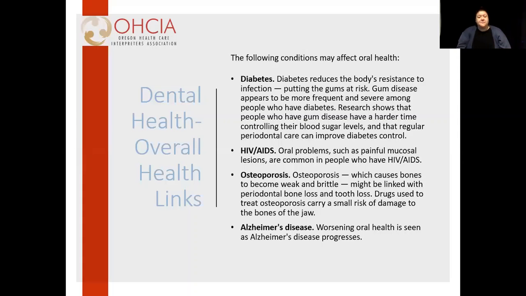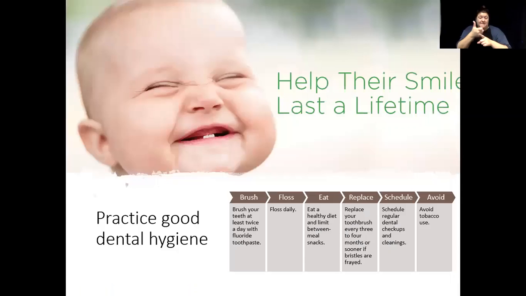If you have osteoporosis, it causes your bones to get weak and brittle, and that includes the bones in your teeth. And people who have Alzheimer's have poor dental health because they just sort of forget to take care of their teeth. They neglect their own well-being.